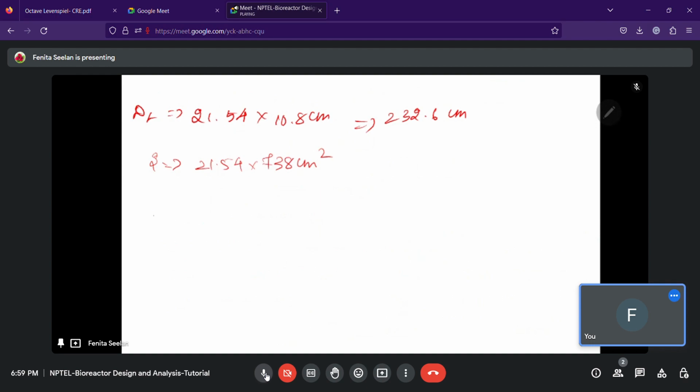And your volume is 20,000 liters, right? Twenty into 20,000 centimeters.